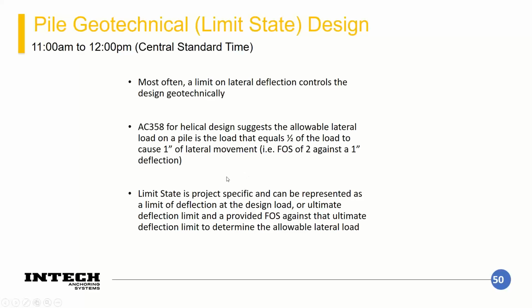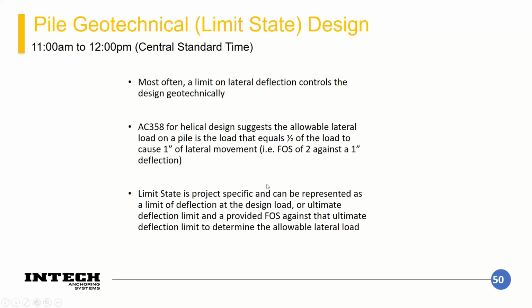They basically suggest that, if the superstructure isn't tremendously sensitive to it, a general rule of thumb is that your allowable lateral load on your pile is the load equal to 1/2 the load that causes 1 inch of lateral movement.